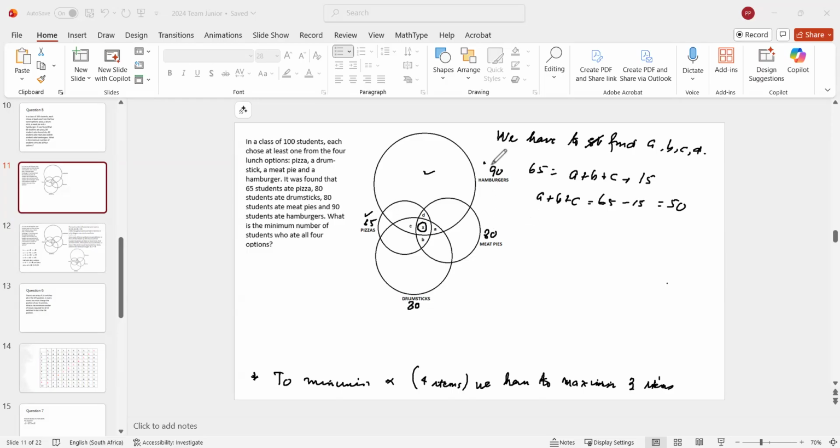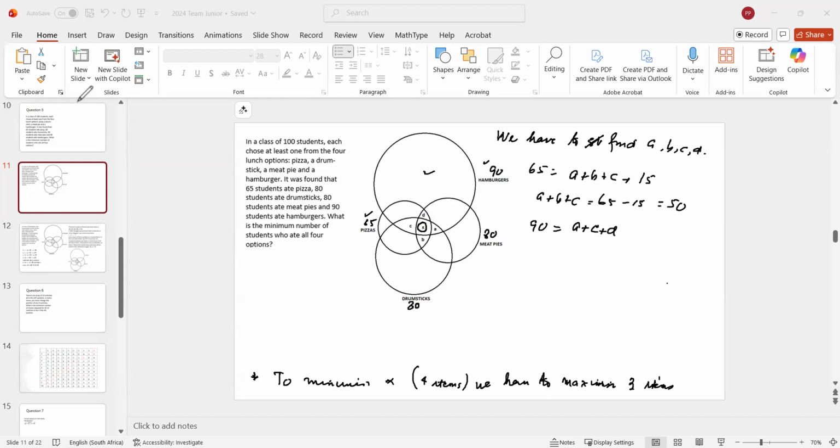Let's have a look at this 90 here. In 90, it's A plus C plus D. That's in this lot here, plus X is 90.